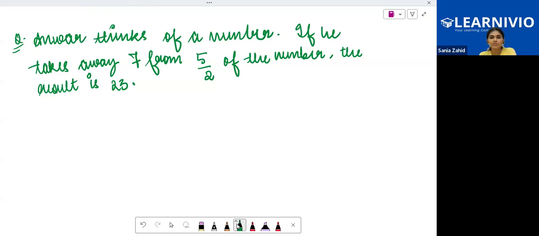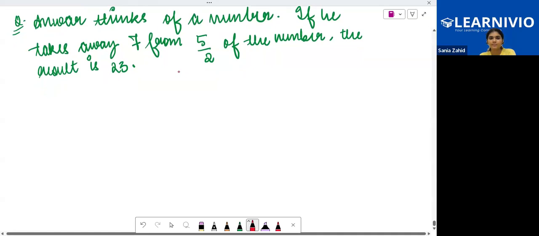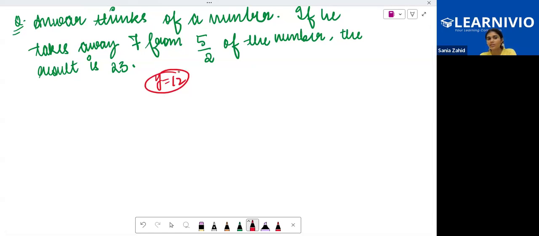Okay, tell me your answer. Y is equal to 12. If he takes away 7, okay, you're getting y is equal to 12. And Razan, you? Same. Okay, so Anwar is having a number and it's written if he takes away 7 from 5 by 2 of the number.